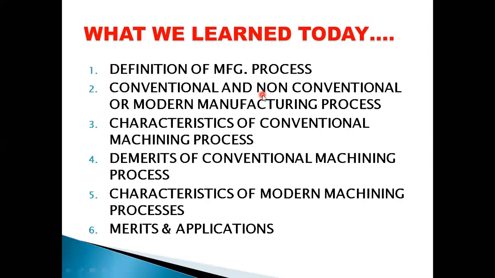To start with, I covered the definition of a manufacturing process, and then I discussed what conventional and non-conventional or modern manufacturing processes are, what the characteristics of the conventional machining process are, and what its demerits are. Then we went to the non-traditional machining process, its characteristics, how it's superior, its merits, and its applications, which we already discussed today.